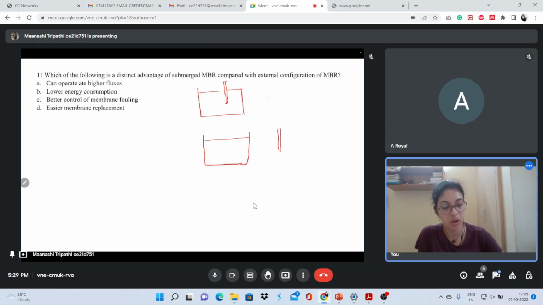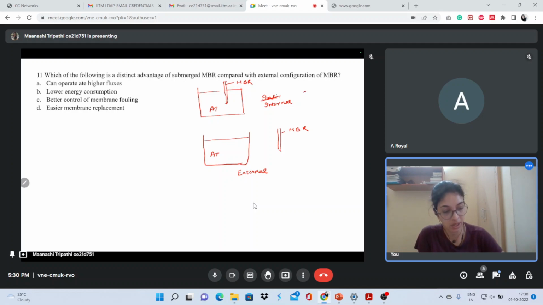This is called inline or internal configuration. This is what we call external configuration. This is the aeration tank. This is the MBR. Aeration tank, MBR.